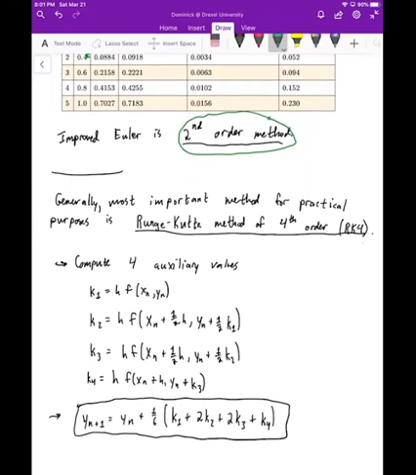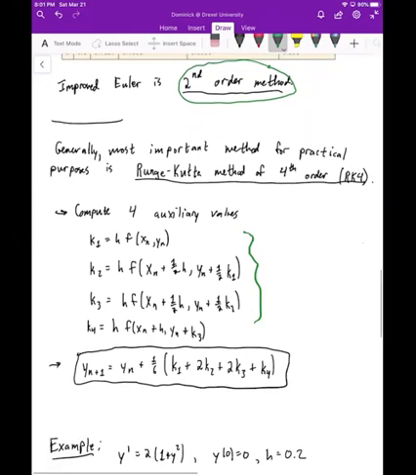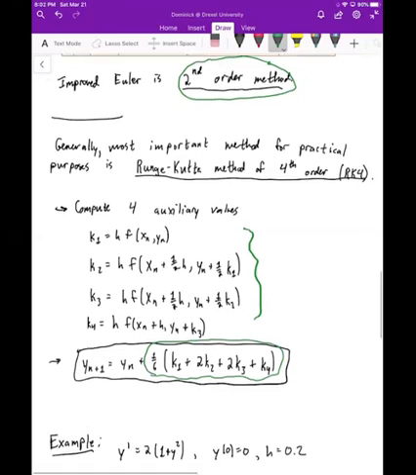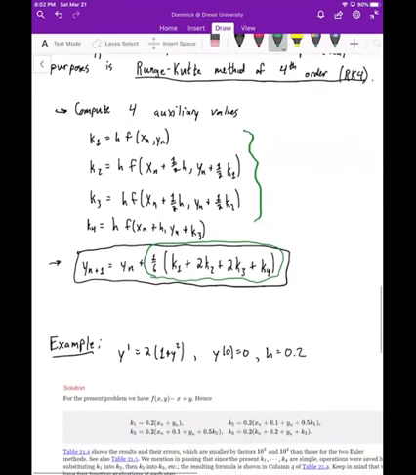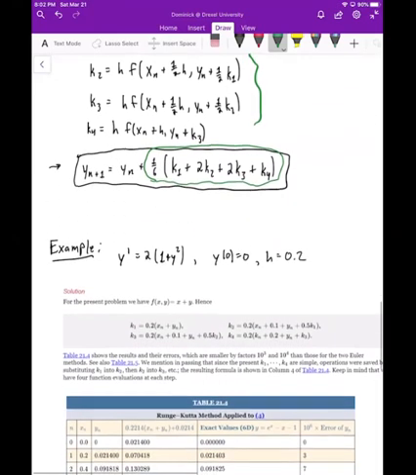Now, the idea of RK4 is basically you're computing these 4 auxiliary values shown here, and then you're finding a weighted average for your yn plus 1 that's dependent on those auxiliary values, right?